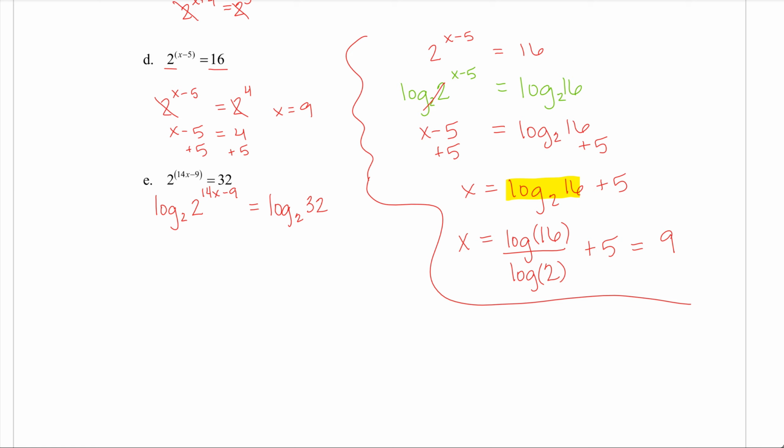So I can then bring the exponent down so that it becomes 14x minus 9 equals log base 2 of 32. Now I'm going to work it like I would any other problem. I move the 9 over first, so that becomes a plus 9. So I get 14x equals log base 2 of 32 plus 9. And then, of course, I'm going to divide the whole thing by 14. So every single thing on this side becomes divided by 14.